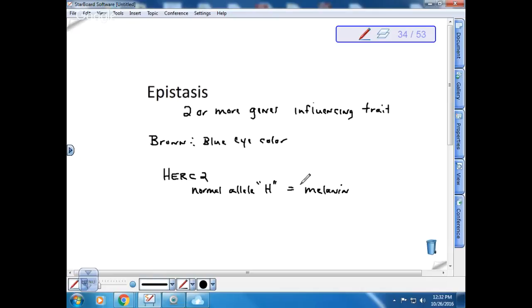We also have another gene, which is called OCA2. And with OCA2, we're just going to say that the normal allele is O, right? And this codes for an enzyme that is needed for the production of melanin.